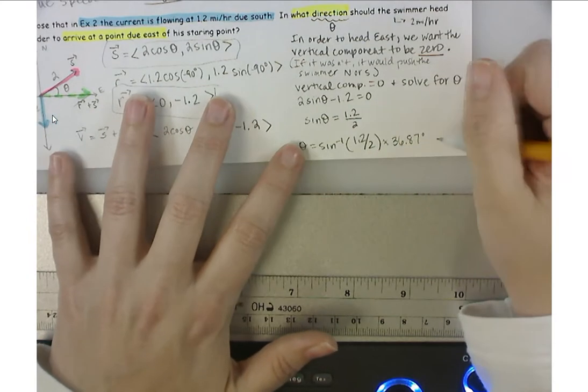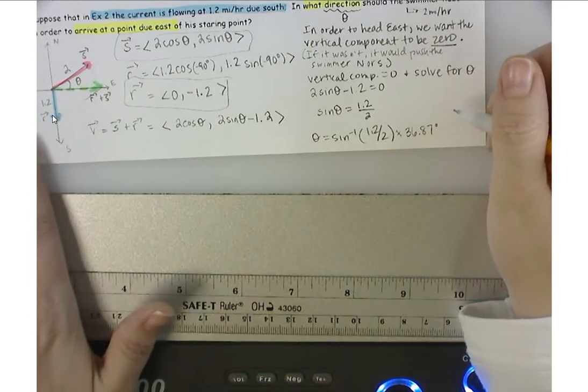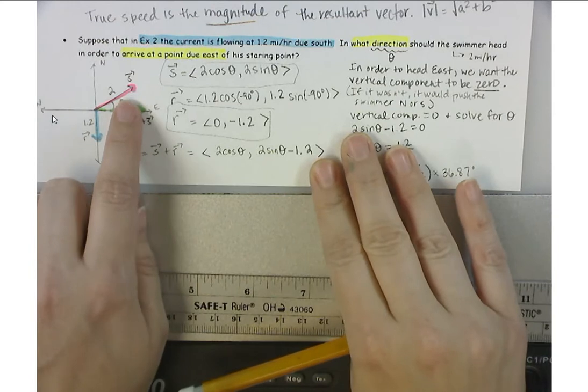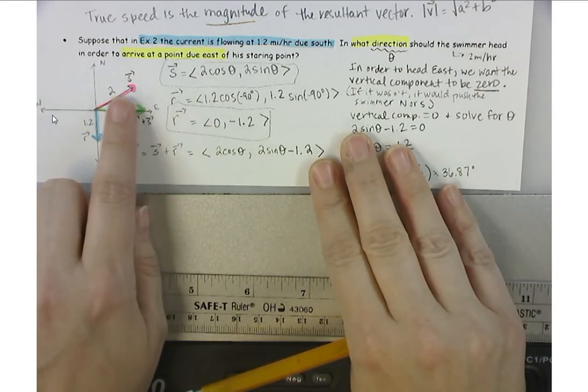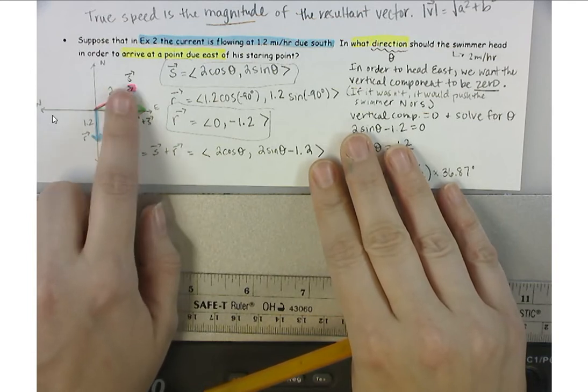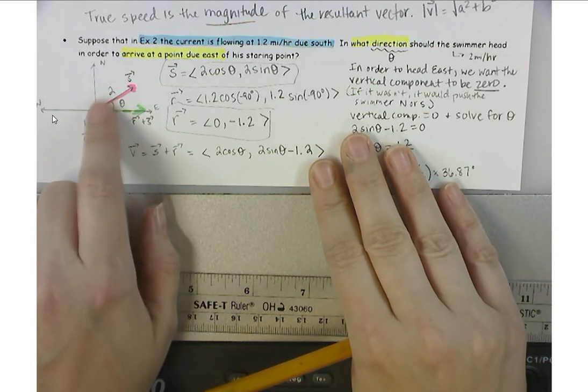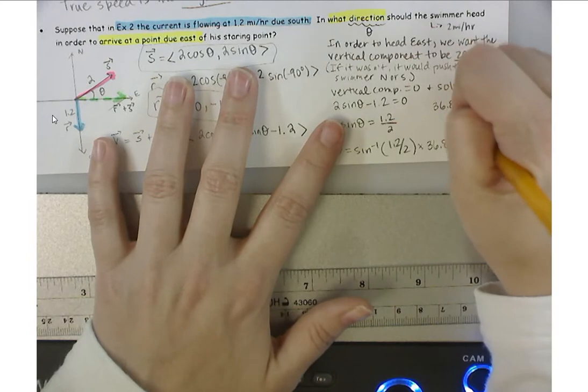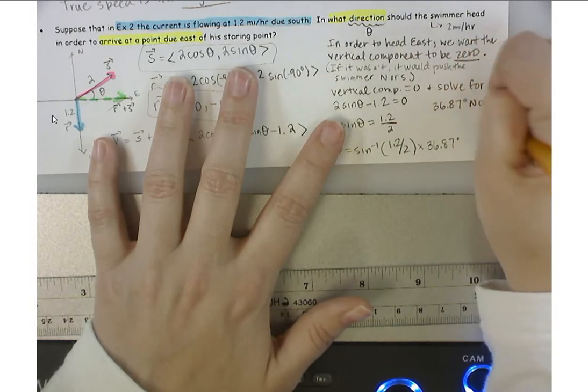So then you're going to go ahead and put that with a direction. In your picture, this is nice because you can see what direction you're heading. What direction is this? North of east, yep. Okay, so it's 36.87 degrees north of east.